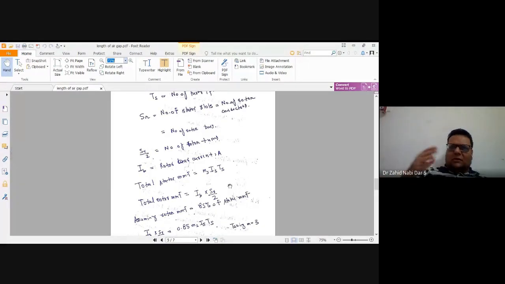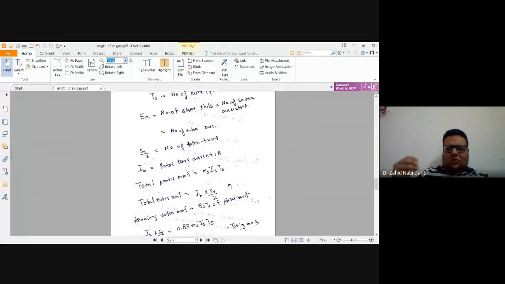In a transformer also you can see the primary side voltage and secondary side voltage depend on the turns ratio. Here also, between the primary side and the secondary side there is a slip, a distance between the stator and the rotor, and the efficiency of the induction machine is around 80 to 85%.